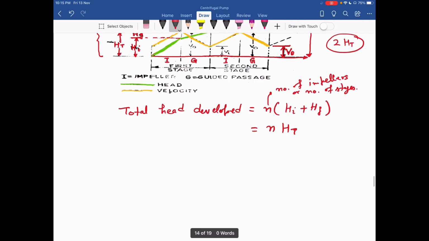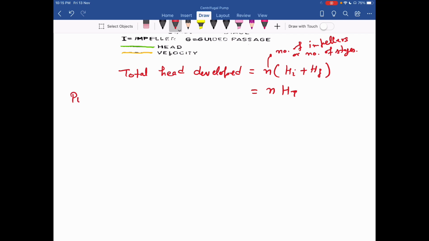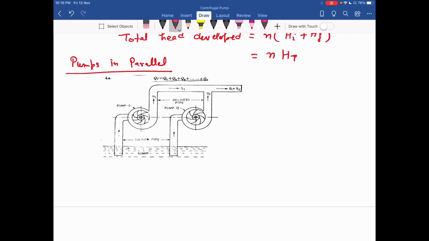The next is pumps in parallel. This type of arrangement we need when we need high discharge at the outlet, instead of high head. When at the outlet we need a high value of Q, this type of arrangement is used. So this is called the parallel arrangement of pumps. In this case, each pump lifts water from the common sump and discharges into the common delivery pipe.